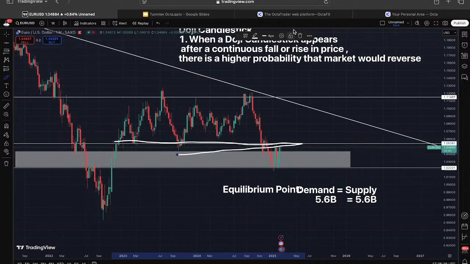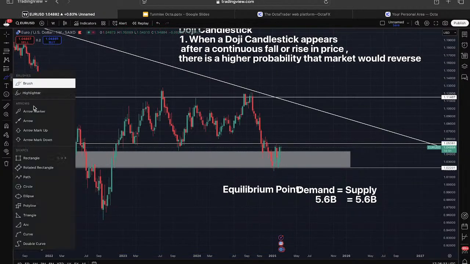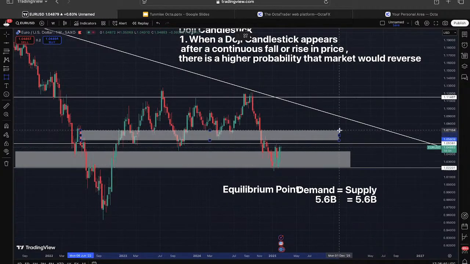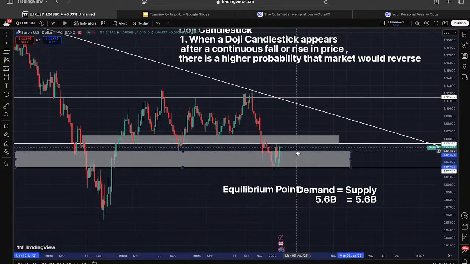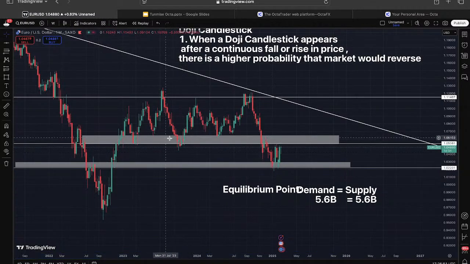Okay, let me take this down. The market is below this support zone, and this support zone has to be respected.